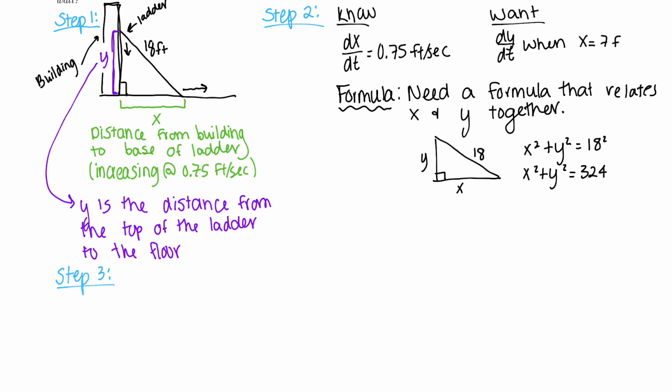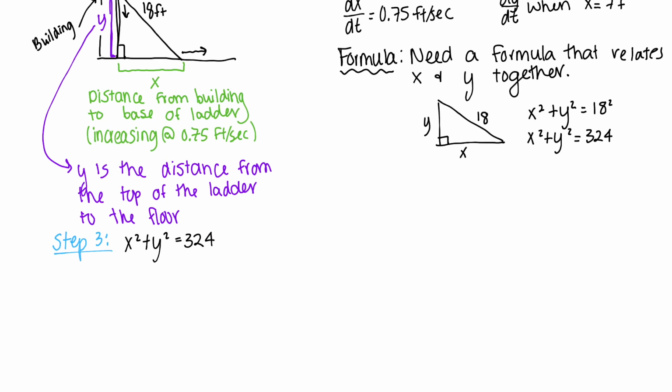So we're going to take that formula, x squared plus y squared equals 324, and we're going to differentiate both sides with respect to time.